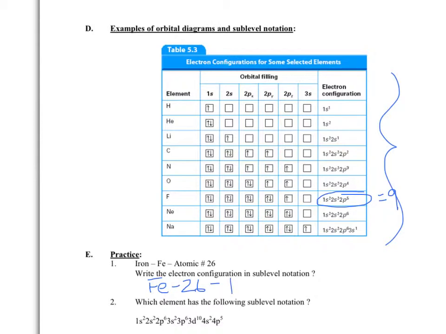So 1s2, 2s2, 2p6, how many is that? 6, 7, 8, 9, 10. 3s2, 3p6, 4s2, and 3d6.